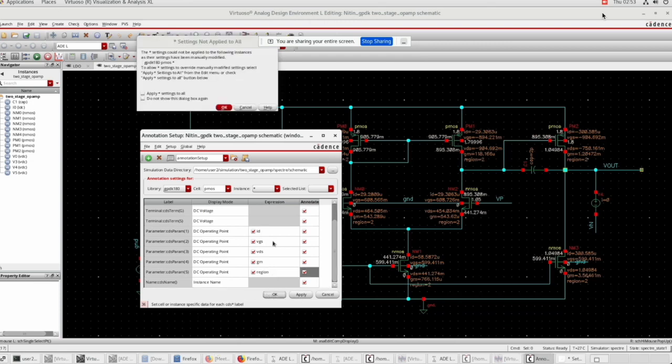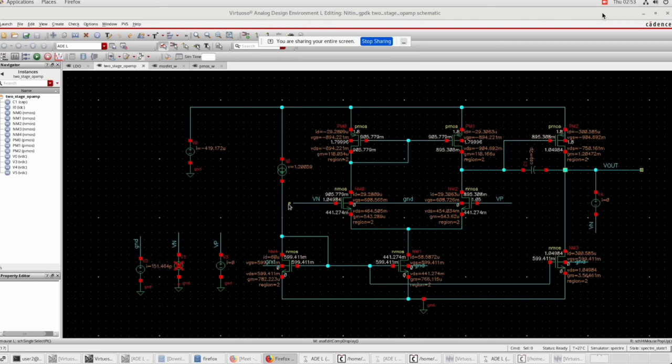So you can see that all the MOSFETs are in saturation, and that is what we want. And also you can see that the current of 60 microampere is equally dividing between both the MOSFETs.